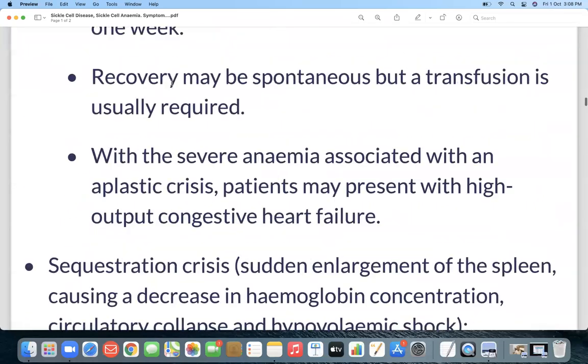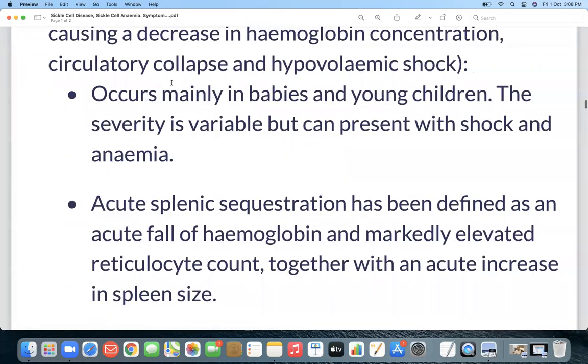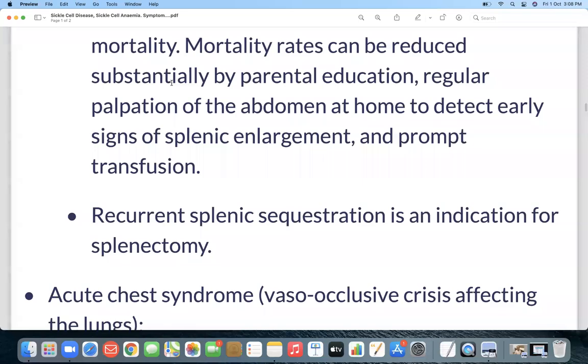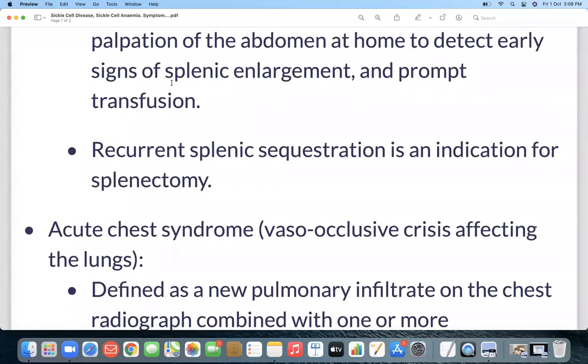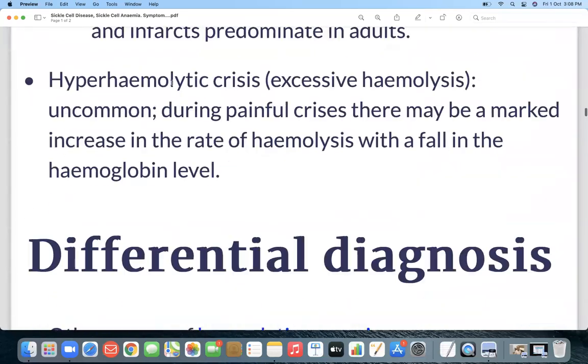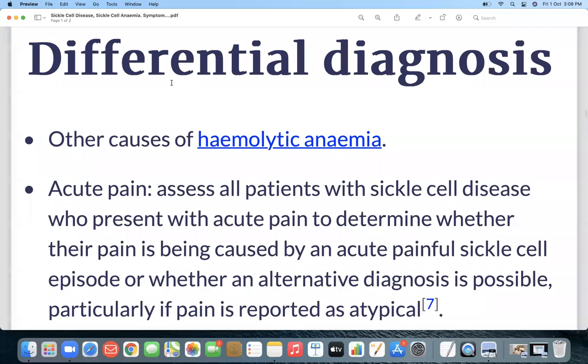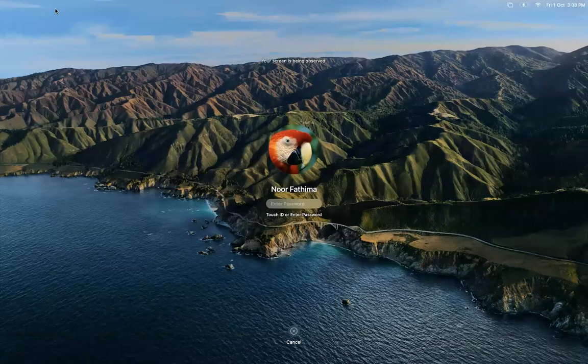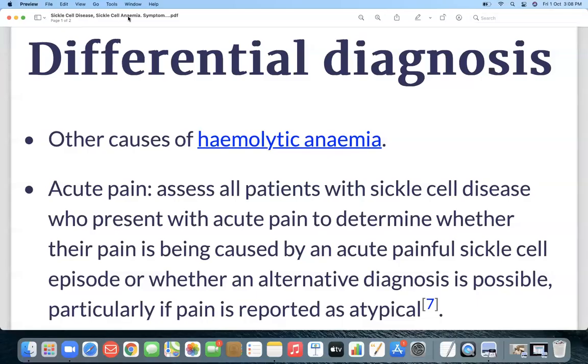Yesterday we read for thalassemia it is 9.5 or 10, but I don't know here.